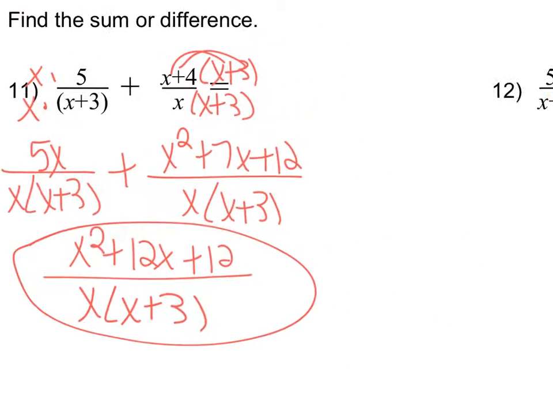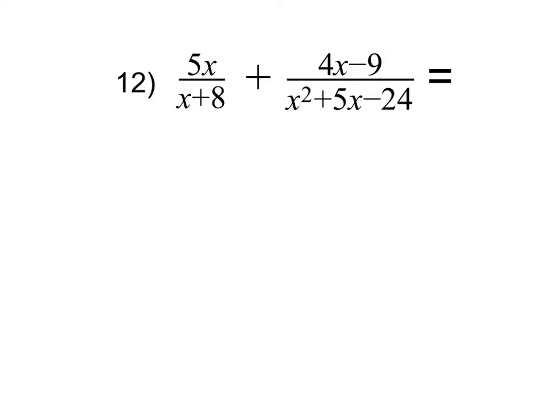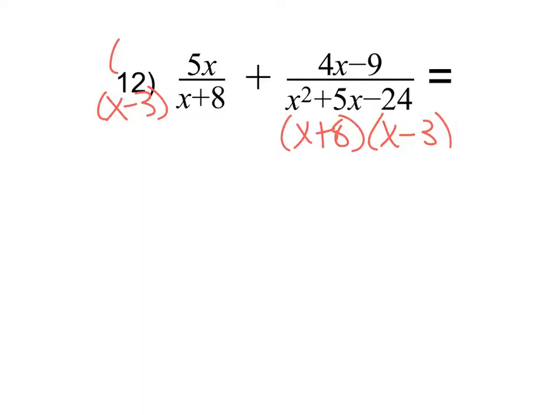Okay. If we move on to the next one, when in doubt, factor it out. So we're going to factor this one, and it's going to be x plus 8, x minus 3. Okay, so this one has both of them. The first term is missing the x minus 3, so I just need to multiply by x minus 3 on the top and the bottom.